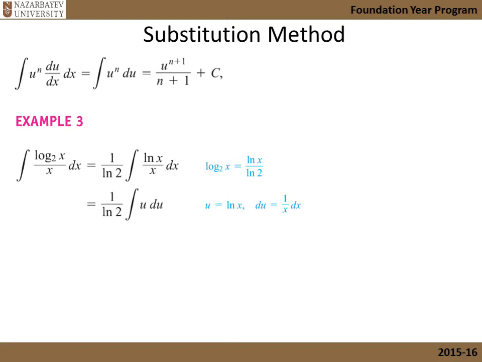And we have this integral 1 over ln 2 times the integral of u du. And we know that in this case the integral of u du will be equal to u squared over 2. And if we substitute our x, finally we will have (ln x) squared over 2 ln 2 plus c.